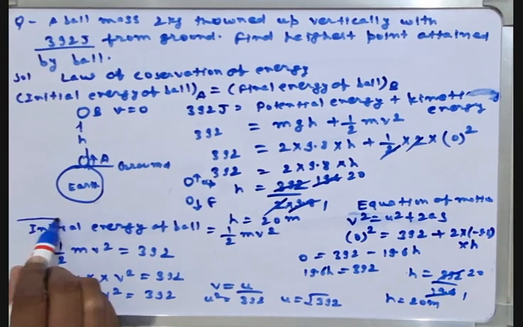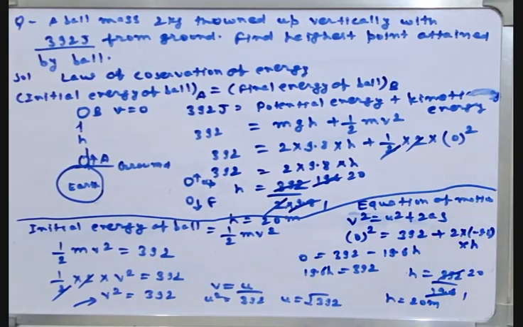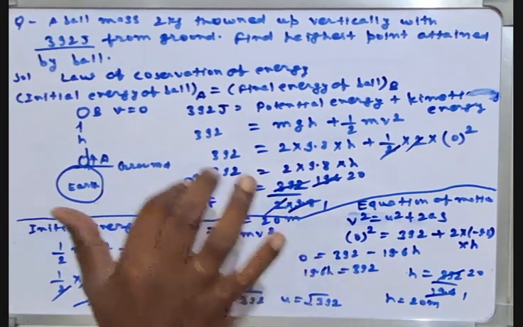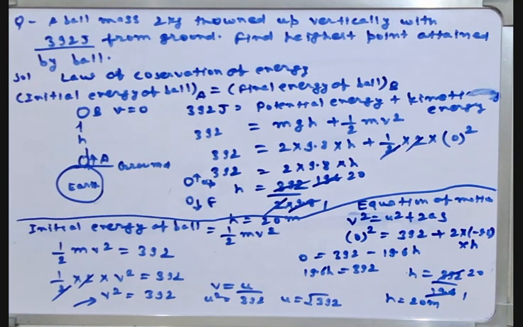So what you see, guys, is that you get the same result by solving with this method or that method. So you can apply the law of conservation of energy method for solving such types of questions, and it is also the easiest method. So I hope, guys, the concept of the law of conservation of energy is now clear to you.